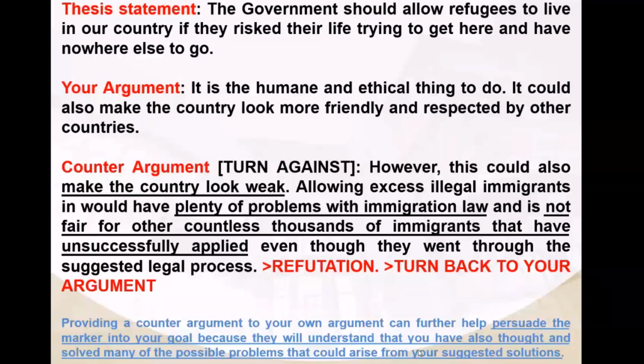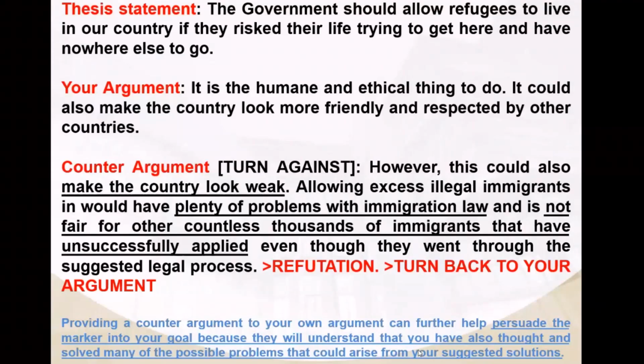So those are your counter arguments. You need to include them in your argumentative essay. When you include the counter arguments, you are not weakening or exposing your own writing, but you are actually strengthening your arguments.